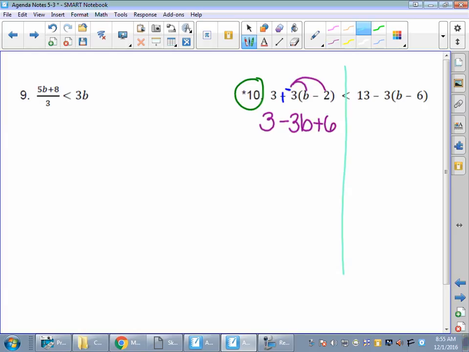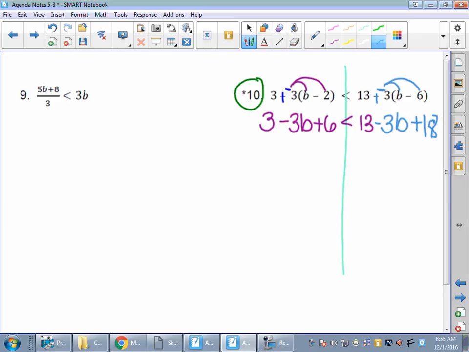I'm going to bring my inequality straight down. So less than. Here I've got a 13 again. And if you want to make that a plus a negative, do the same thing. So -3 times b is -3b. -3 times -6 is a plus 18.